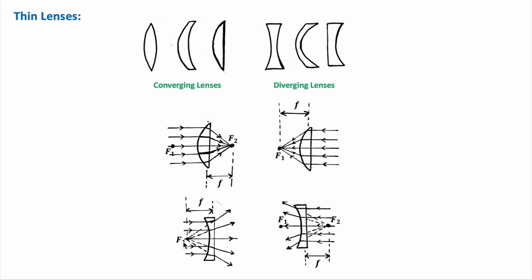The focal point in this case is defined as the point from which the diverging rays appear to originate. This is why these lenses are known as converging lenses, because the parallel rays converge after passing through the lens. And these lenses are known as diverging lenses because the parallel rays diverge after passing through the lens.